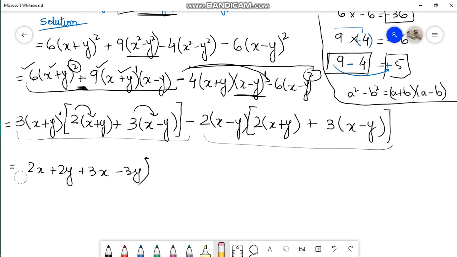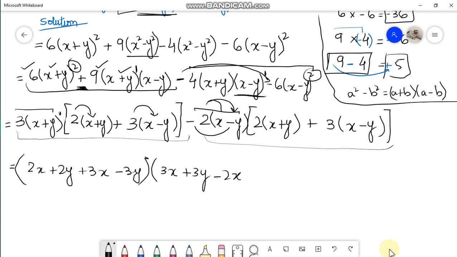The remaining terms are this term and this thing. So I will also multiply this: 3x plus 3y, and 2x and 2y, minus 2x, and minus minus plus 2y.